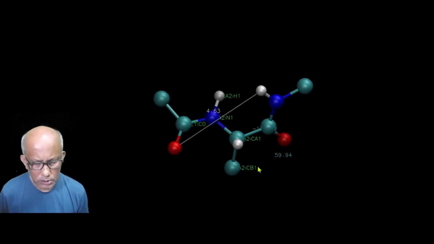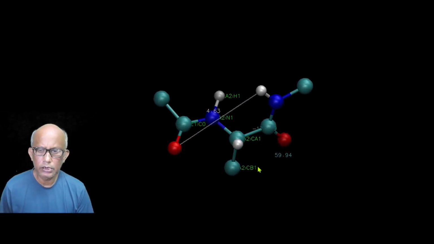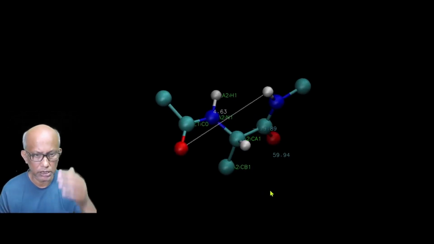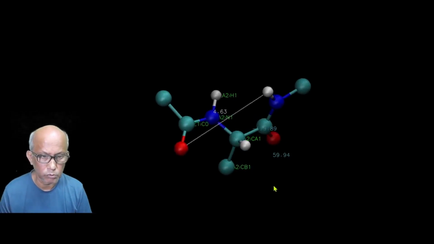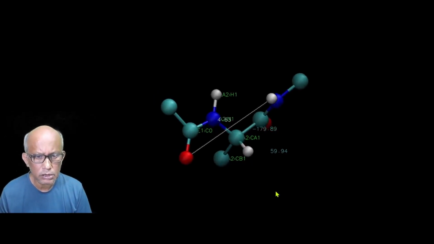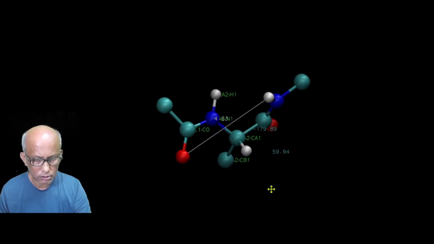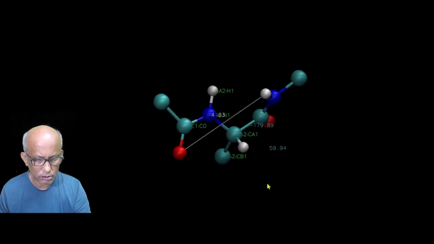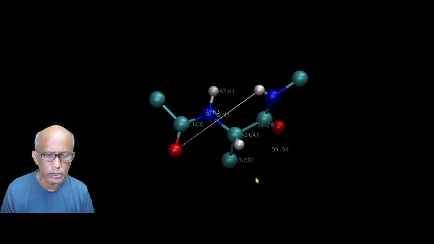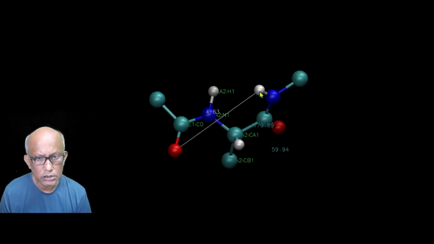Now having set up this molecule in this way, I can rotate any atom or bond which I want. So what I decide now is that I will rotate the Phi angle, keeping the Psi angle fixed. At the same time, I will measure the distance between this carbonyl oxygen and this hydrogen.